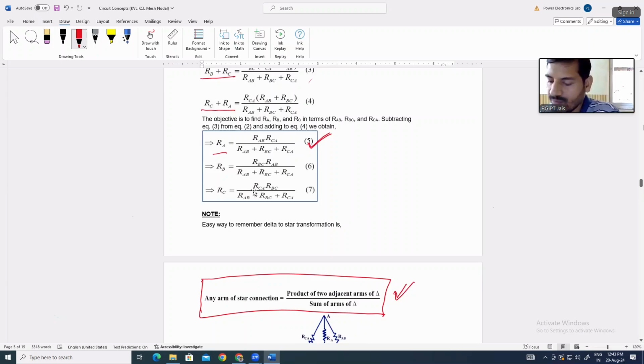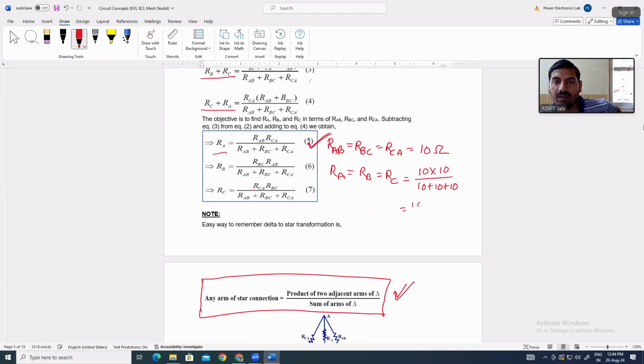So if the element values are same, suppose RAB is equal to RBC is equal to RCA, and here it is given, suppose 10 ohm is given, okay, of RA RB RC, if these are equal then the values of RA RB RC will also be the same. So RBC, RCA are given 10 ohm equally, so it will be 10 into 10 multiplied by 10 plus 10 plus 10, means 100 upon 30, or we can write 10 by 3 ohm.